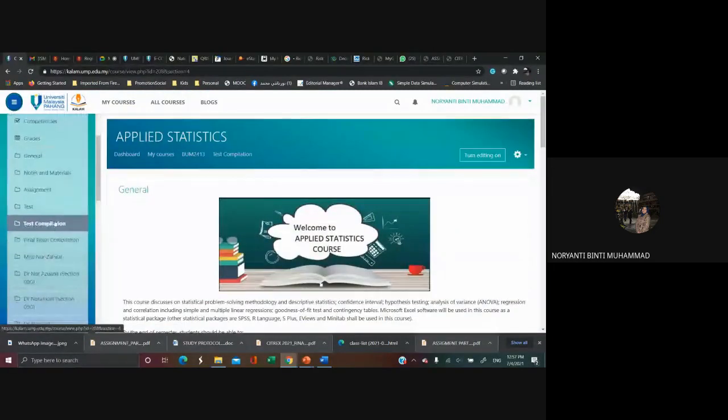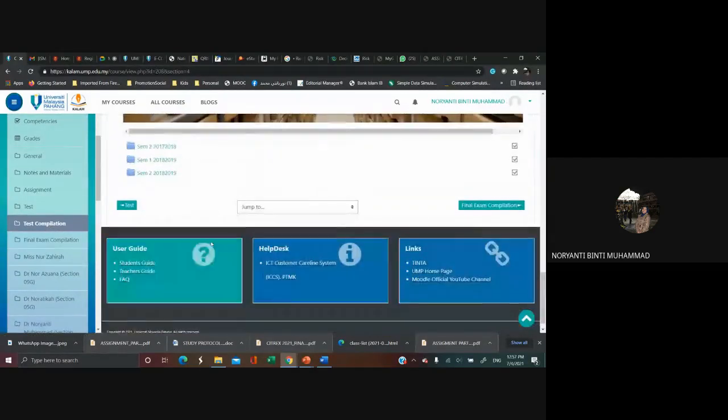So if you look at the test compilation on the left, you can see that you have a few sample papers. And then I will try, as a coordinator, to put last semester's test as well. So then you can try and look.